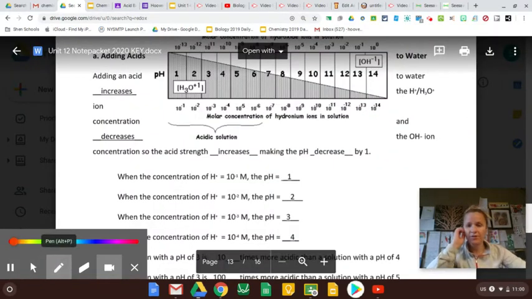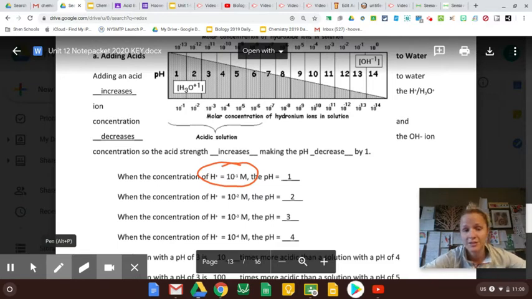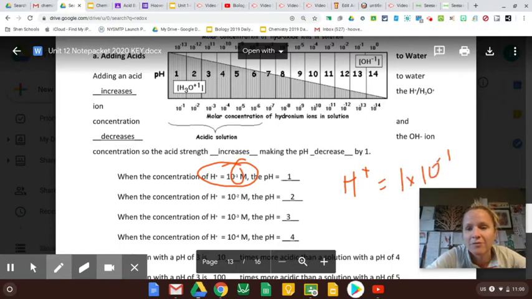There's this other little thing you might see in college, and again, it uses that formula, but you really don't have to understand the formula. You basically have to know if they give you the H plus concentration like this, they say the H plus concentration is 1 times 10 to the negative 3. Remember in the formula, H plus concentration equals 1 times 10 to the negative pH? That little exponent is your pH, but negative.